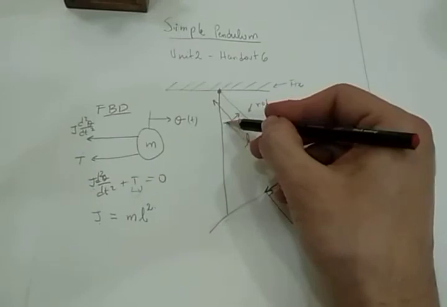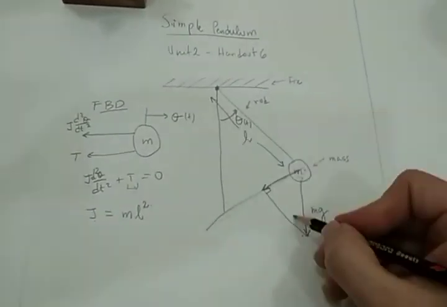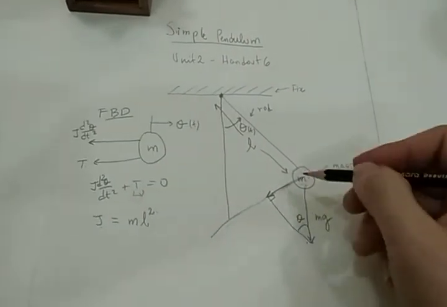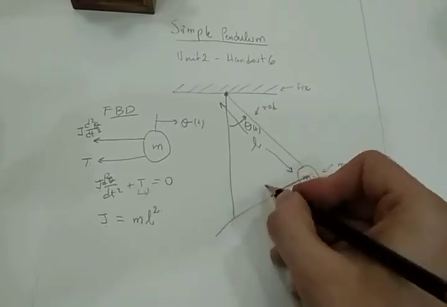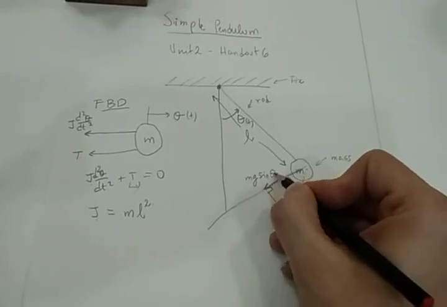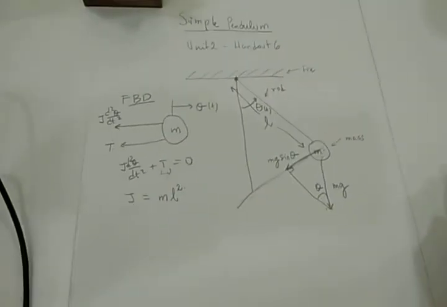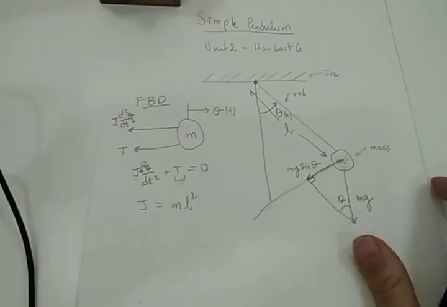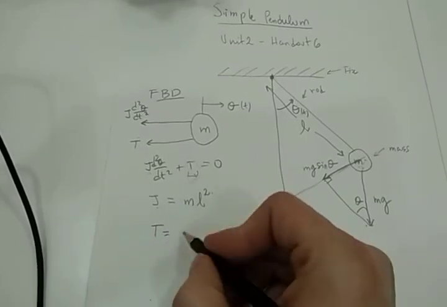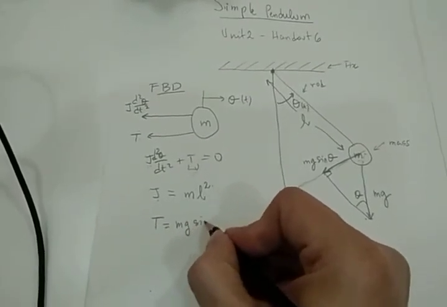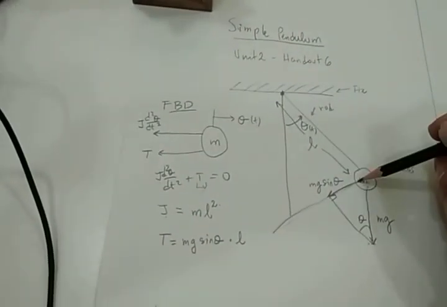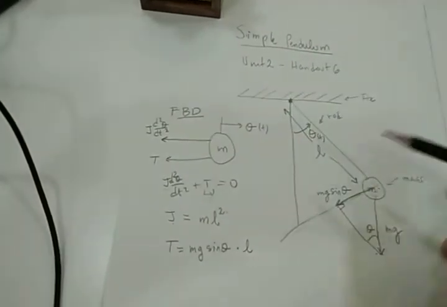You can see that if we have theta here, we will find this angle again here, so this is also theta, and then this projection is mg sine theta. So finally our torque will be mg sine theta times L, L being the distance between this point and this, the length of the rod.